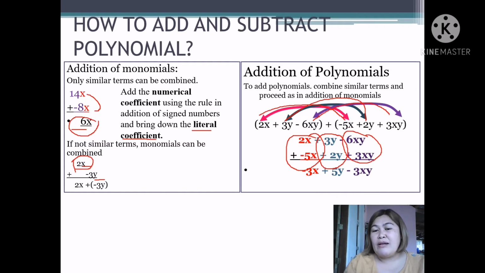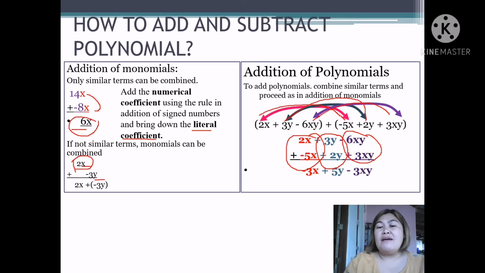And then the next one is 3y plus 2y. They are both positive, so we simply add 3 plus 2. It is equal to 5. And then just copy the variable, which is y. And the last one is negative 6xy plus 3xy. Again, they have different signs.